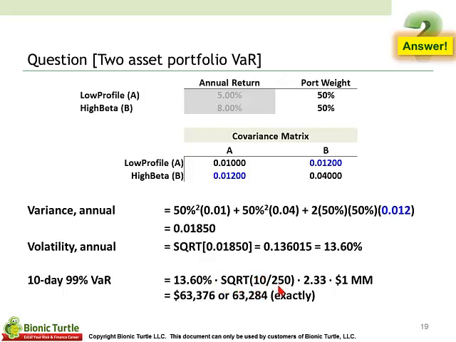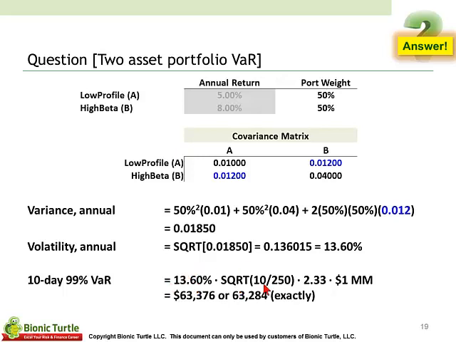Multiply by the square root of 10 divided by 250. This multiplication here, scaling by the square root rule, takes advantage of that assumption that these are not autocorrelated returns, that they are independent and identically distributed. We require the IID assumption to do that.